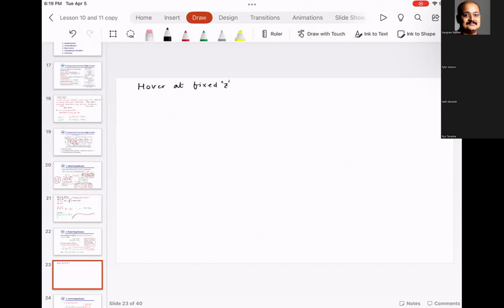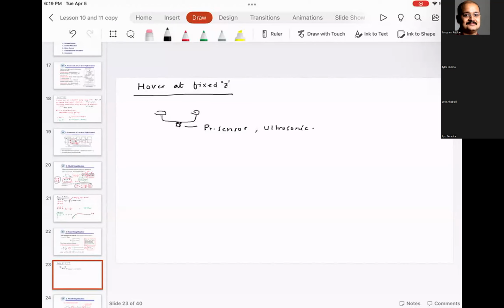So how do we find out fixed Z? If you think about Mambo, this Mambo drone has a pressure sensor and it has an ultrasonic sensor.